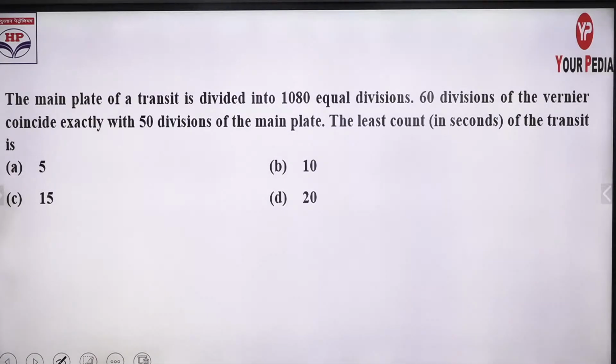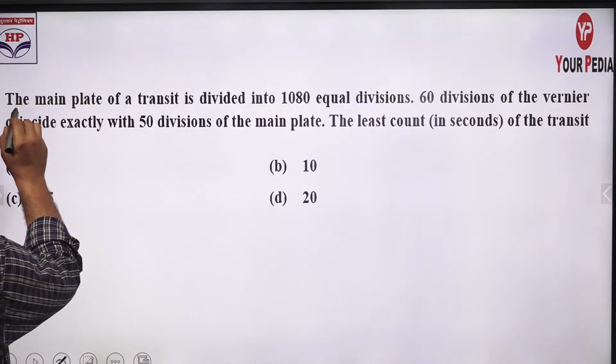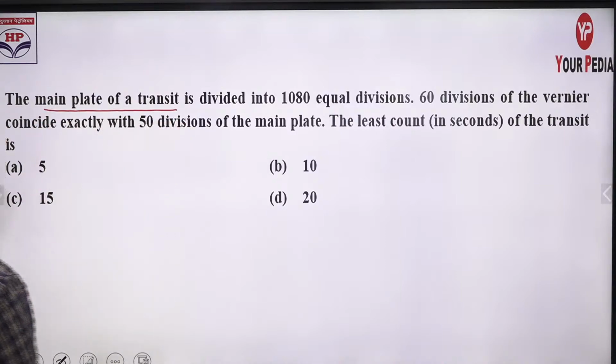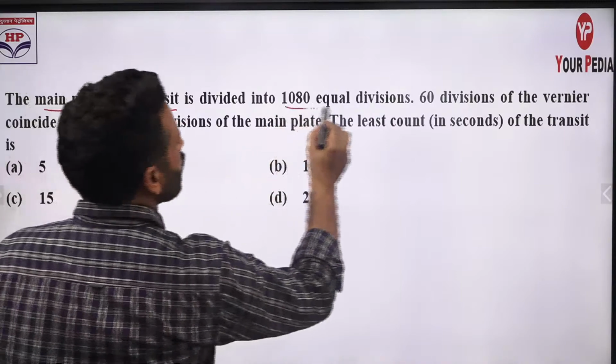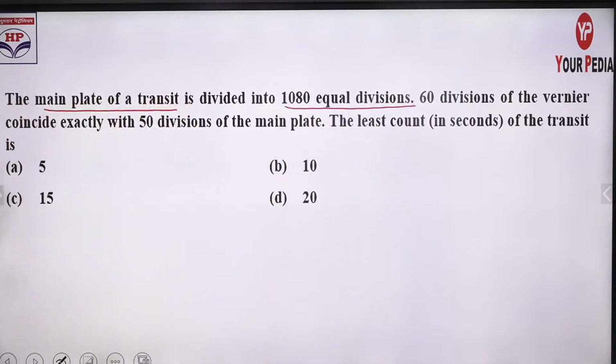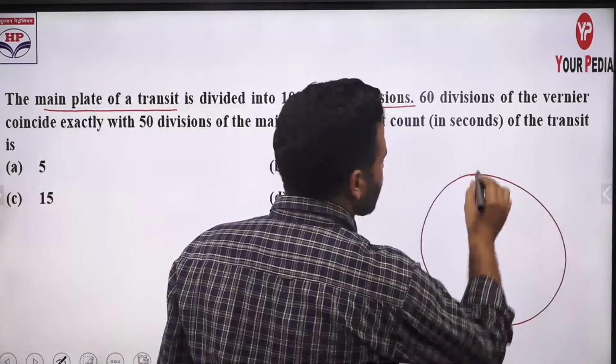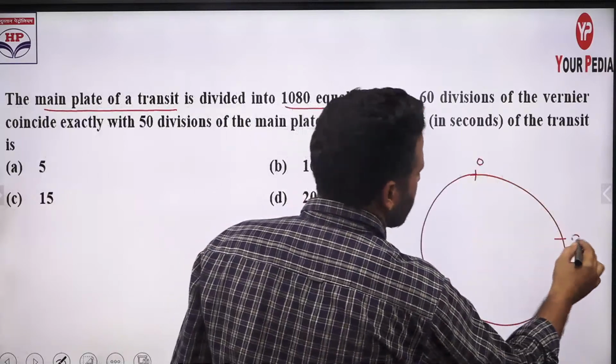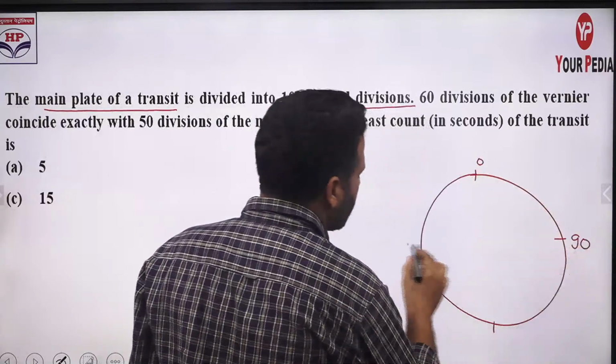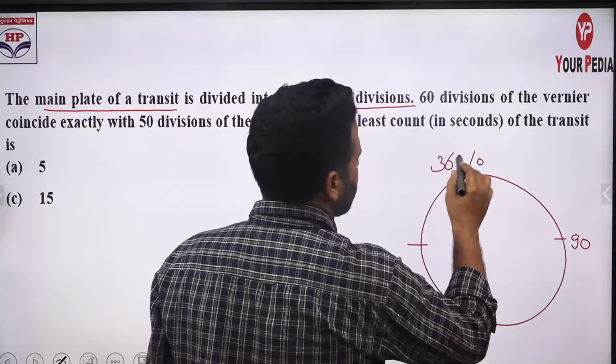A few questions are there in which you have to just remember the derivation. What those questions are, I will tell you later. So for the time being, next question: the main plate of a transit, of course, this is a transit theodolite. The main plate of a transit is divided into 1080 equal divisions. I already told you guys, this bottom plate has graduation from 0 degree, here you will have 90, 180, 270, again 360 degree.